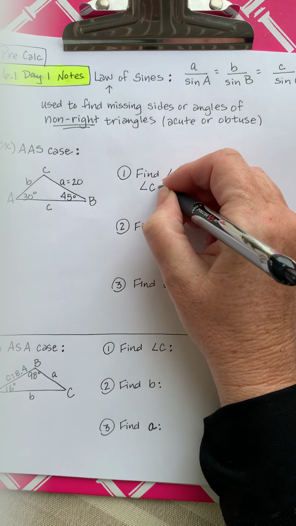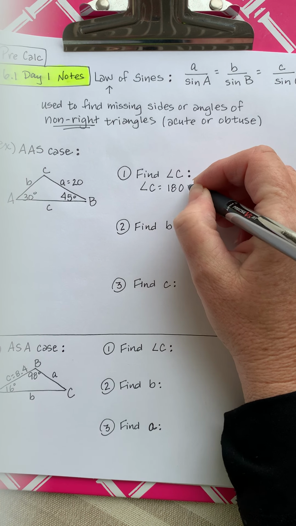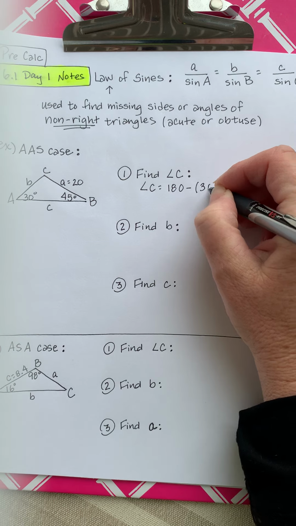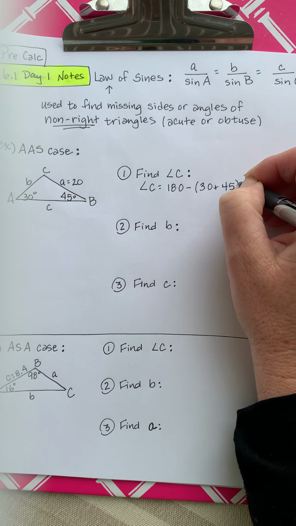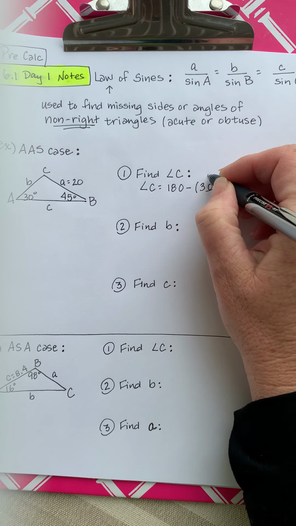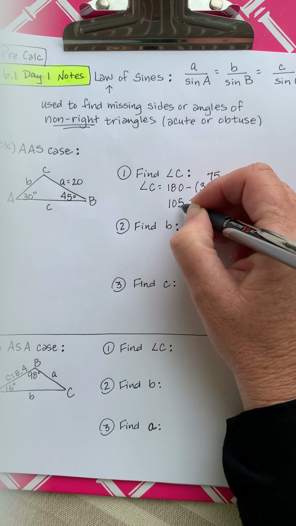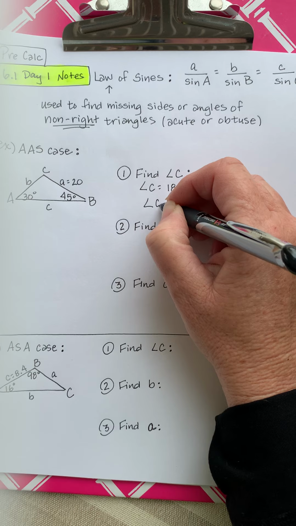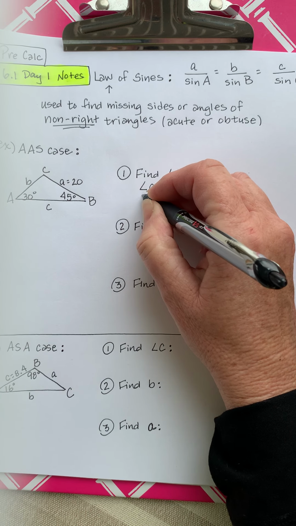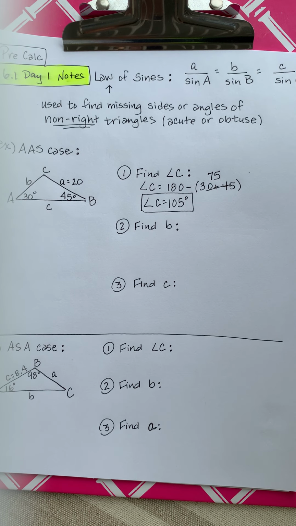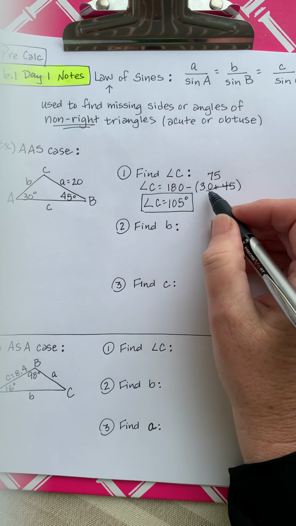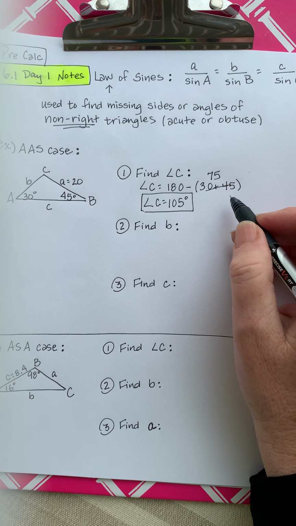So angle C is 180 minus the sum of 30 plus 45. These two add up to 75, and 180 minus 75 is 105 degrees. So our angle C is 105 degrees. Even though you're just using subtraction, I still need to see that that's what you're doing.